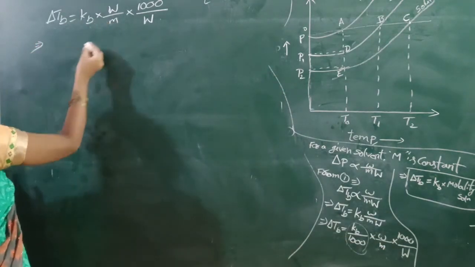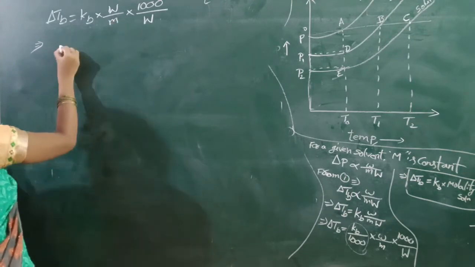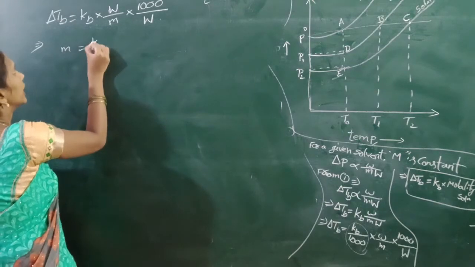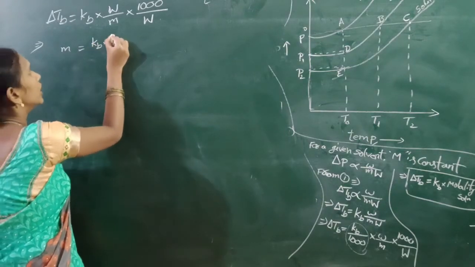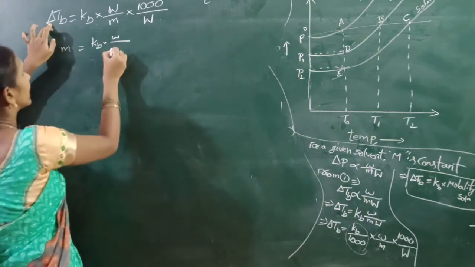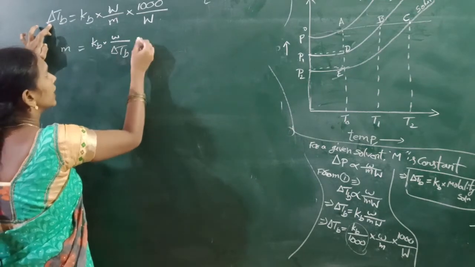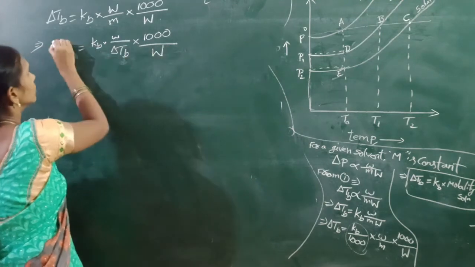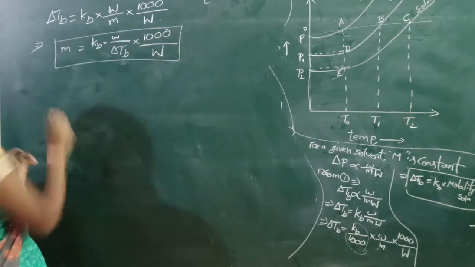Then the molecular weight M is equal to Kb into W by delta TB into 1000 by W.